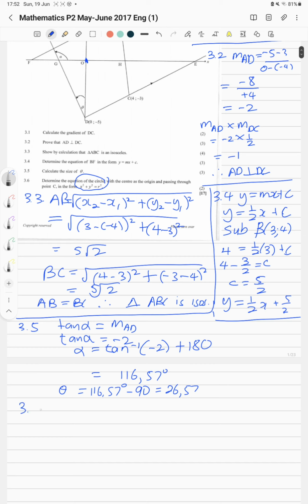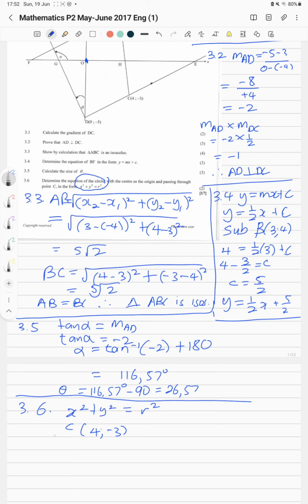So in 3.6, you're looking at x squared plus y squared equals r squared. And you have a point C, which we can substitute. You don't need to substitute the origin because it's 0 and 0, which will leave you back with x squared plus y squared. And C is 4 and minus 3.